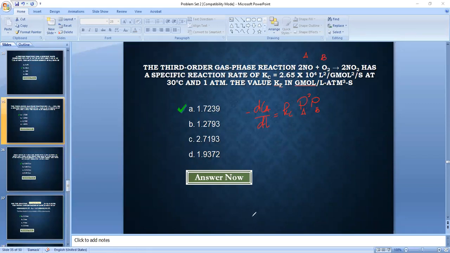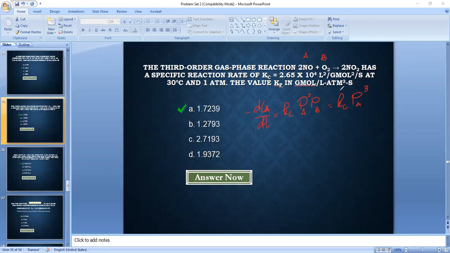Something like that. If the P sub A and the P sub B at any time are equal, we can write it as a simple third order reaction wherein we only have partial pressure of A, since we have concentration of A in here. So you will have K sub C, P sub A cubed, because anyhow we'll be dealing with just the units.